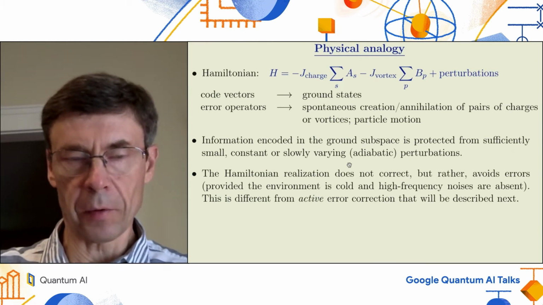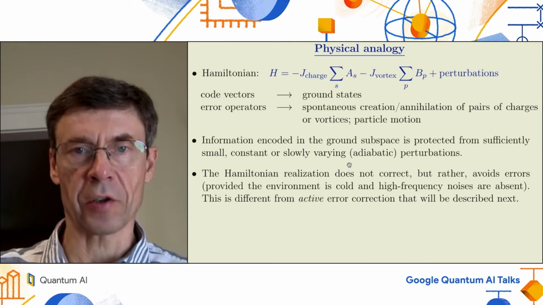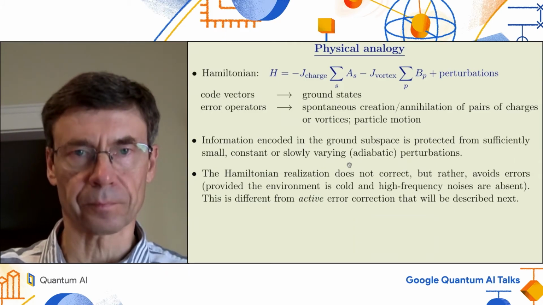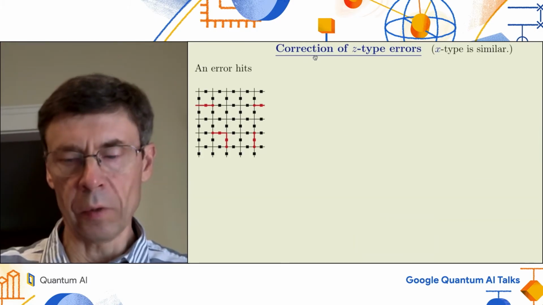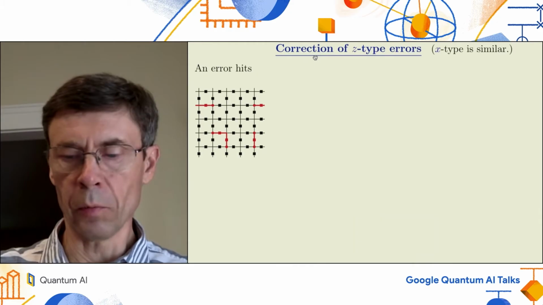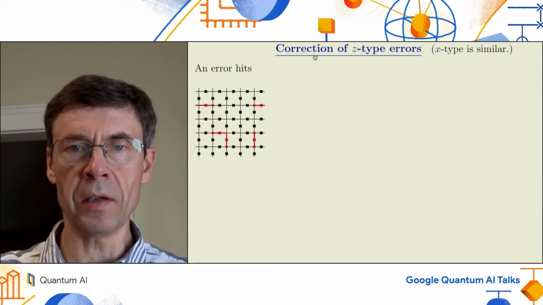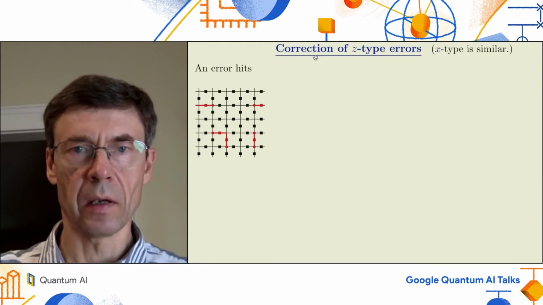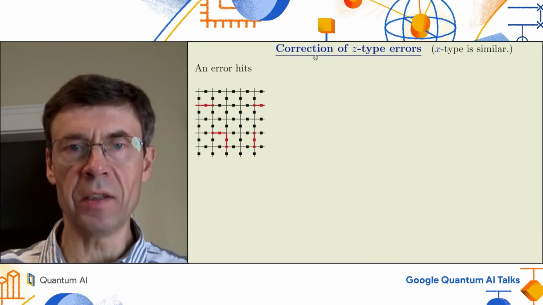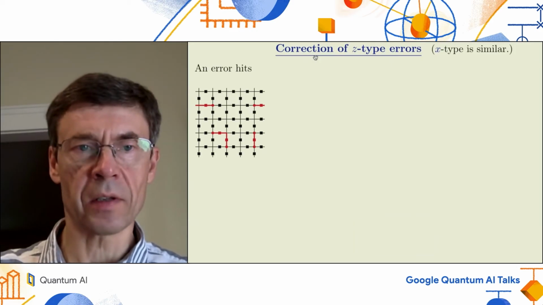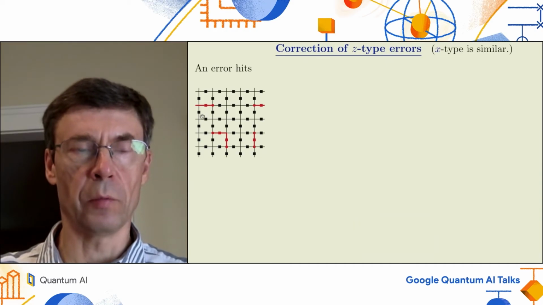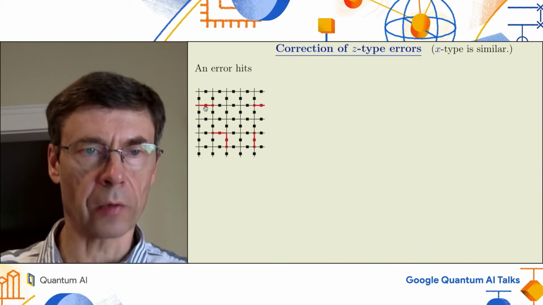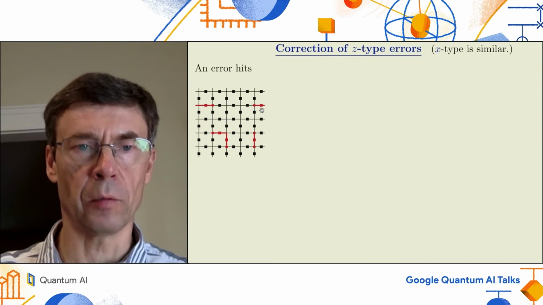So let me describe active error correction, which is done by the Google device. We should correct all possible errors, including Z errors and X errors. Let me focus on Z errors again. X-type errors are similar. An error affects a set of qubits. These red squares represent the affected qubits.